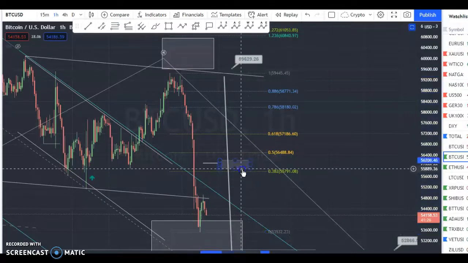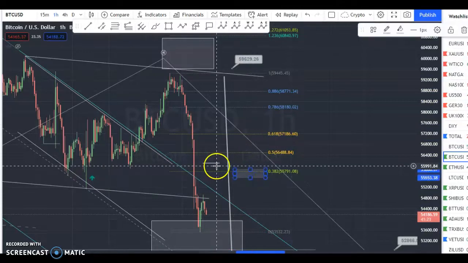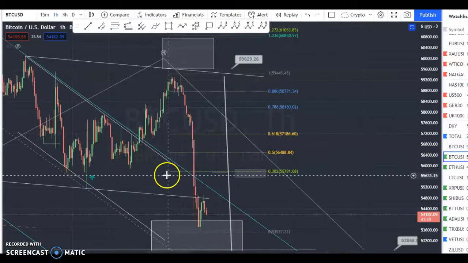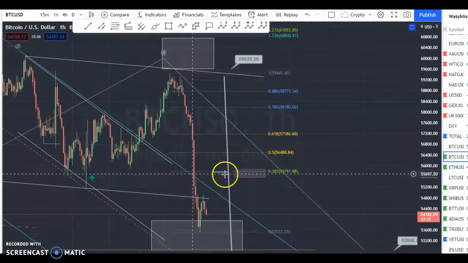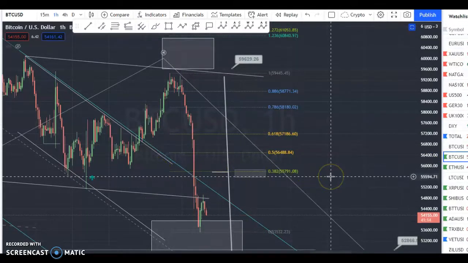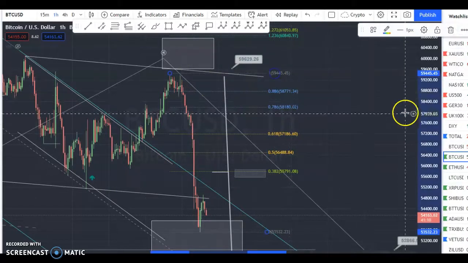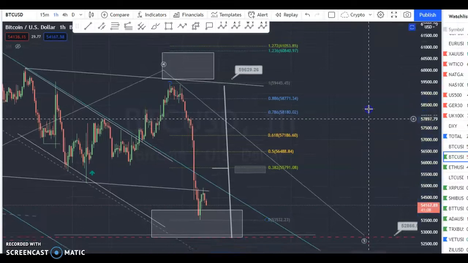So let me move that down there, put my box there, put that line over there, and that is literally where the last support was as well. 38% at 55,800. I thought it was 56,000 earlier, but now that I zoomed in on a 1 hour, I can see exactly where it is.